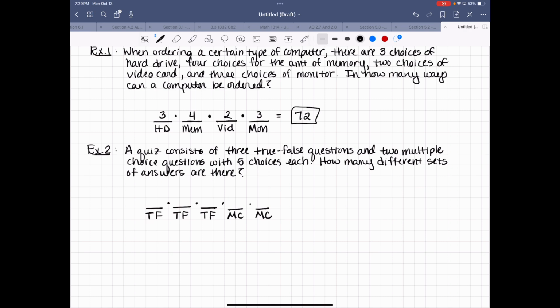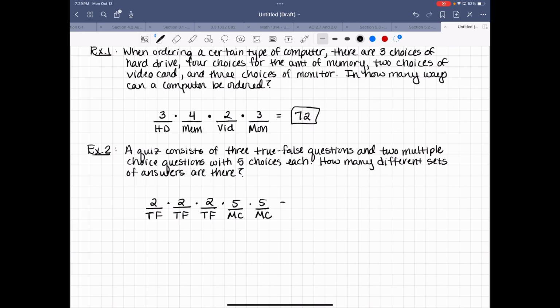Okay, so on that first question, there's a possibility of how many answers? 2, because it's true, false. So there's only two possibilities. Student can't answer anything but true or false. How about the second one? How about the third one? How about the fourth one? Yep, and the fifth one.